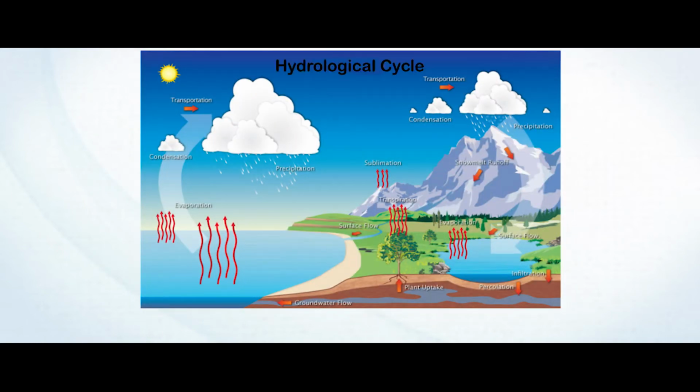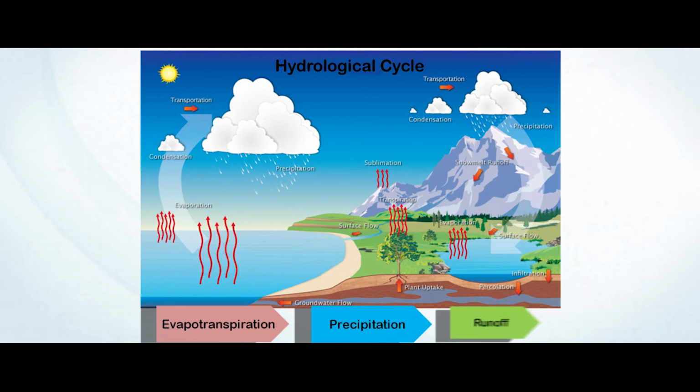Hydrological cycle is the natural process of water transfer that consists of 3 important phases: evapotranspiration, precipitation, and runoff. It starts with evaporation from the surface of the water bodies such as the lakes, the ponds, the sea, and the ocean.